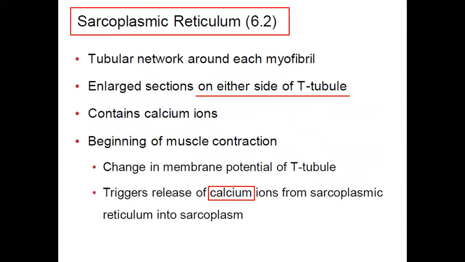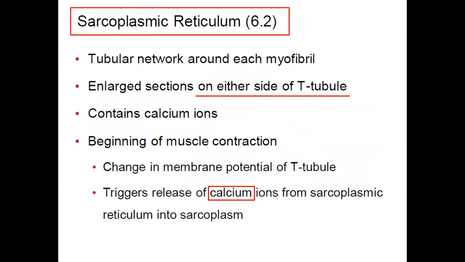A couple of other structures that are really important in skeletal muscle are not part of the sarcomere, but work to help the sarcomere do its job. One of these structures is called the sarcoplasmic reticulum. It's basically an organelle inside the muscle cell.